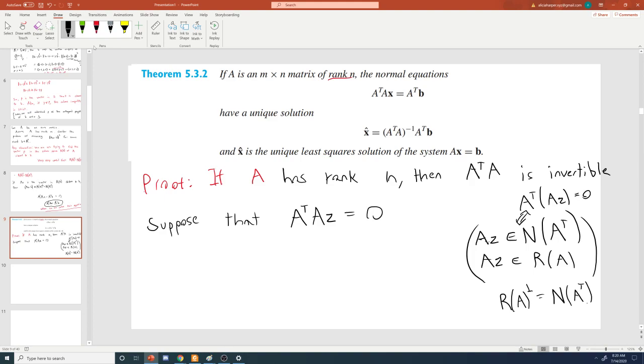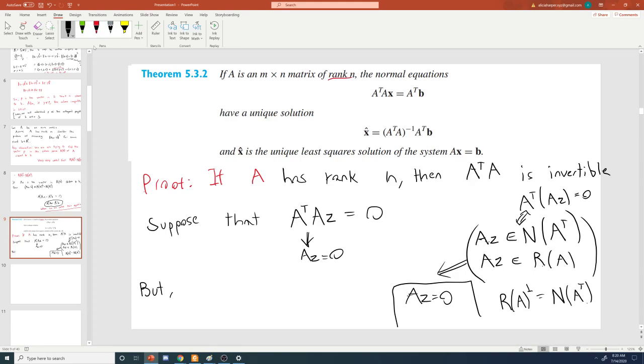Az lives in the column space of A, but it also lives in the orthogonal complement. And if something lives in a subspace and its orthogonal complement, it implies that Az is equal to 0. So if A transpose times Az is equal to 0, then it follows that A times z is equal to 0.